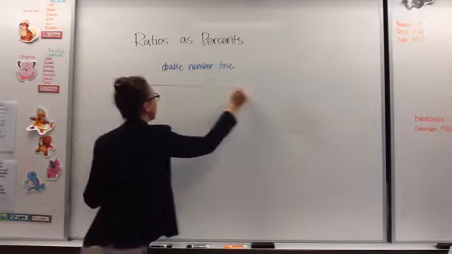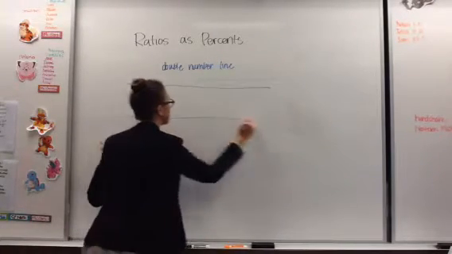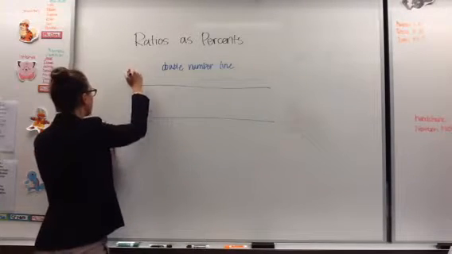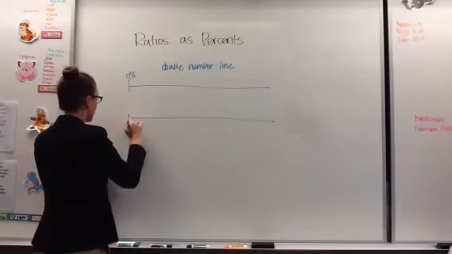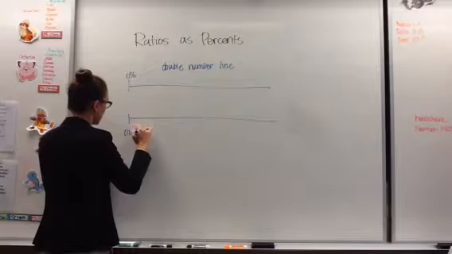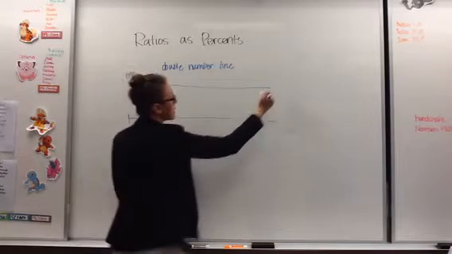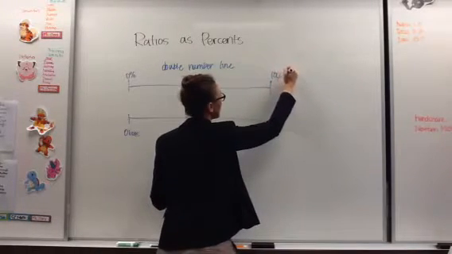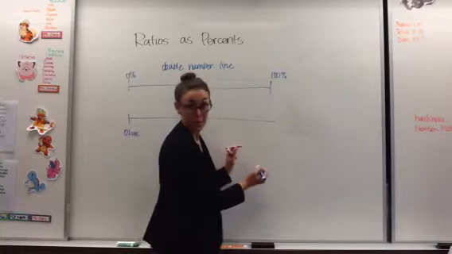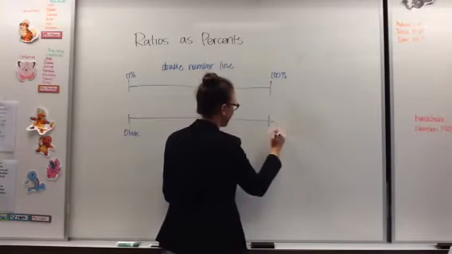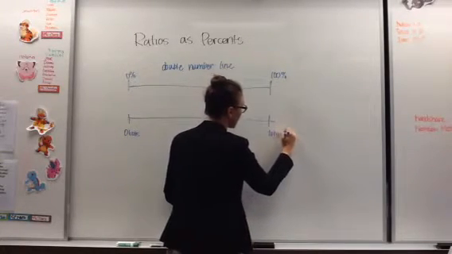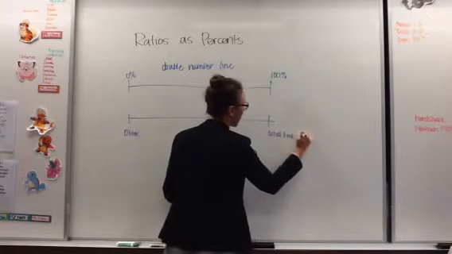So we have number line 1, we have number line 2, we have 0%, 0 books. We have 100%. I'm not supposed to know how many total books. Okay.